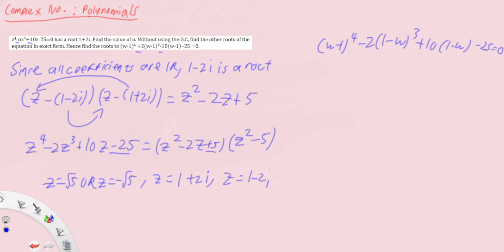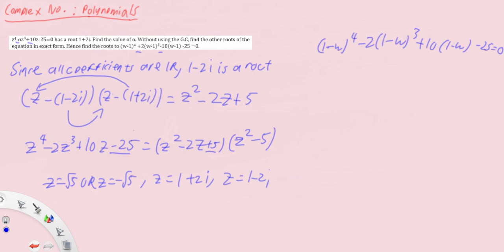Now we have all the signs right, and we have two z's that are substituted by 1 minus w, and one z that is seemingly substituted by w minus 1. But if you remember, because this is an even power, w minus 1 is the same as 1 minus w.